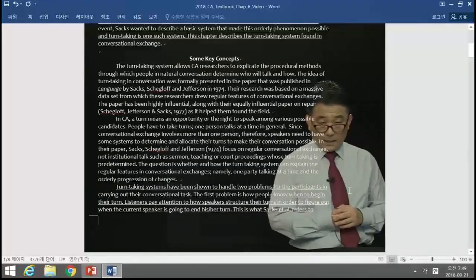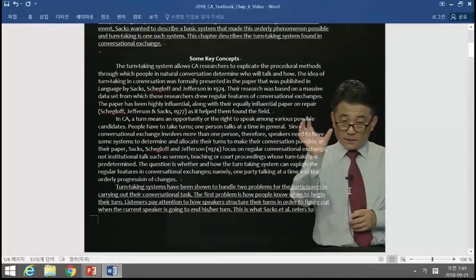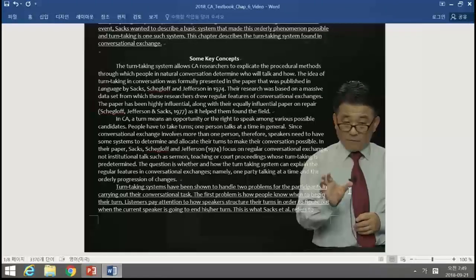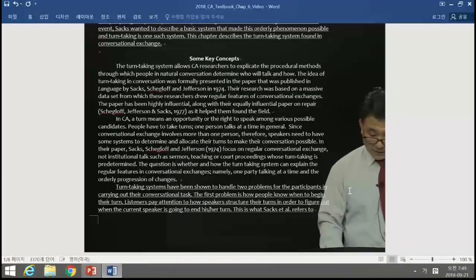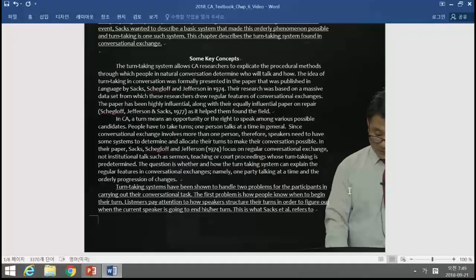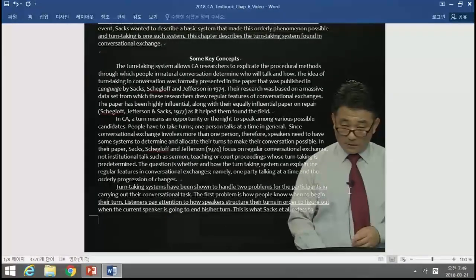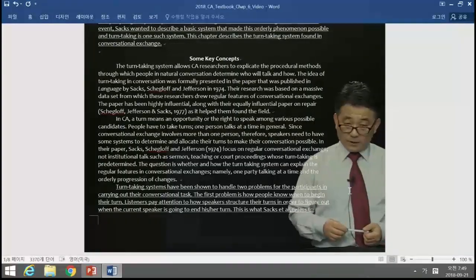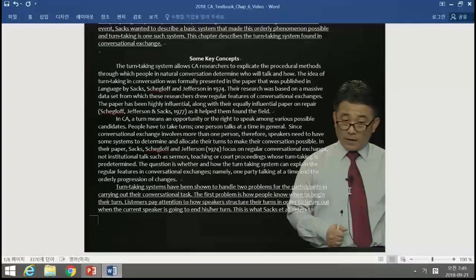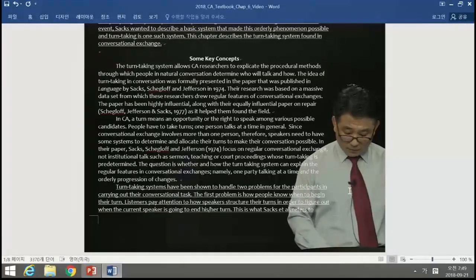Now, Harvey Sacks noticed that in conversation turn-taking happens regularly, and this is what the text is referring to here. Turn-taking system, the last paragraph, has been shown to handle two problems for the participants in carrying out their conversational task. So once you have such a system called turn-taking, it can explain these two social phenomena people can produce.